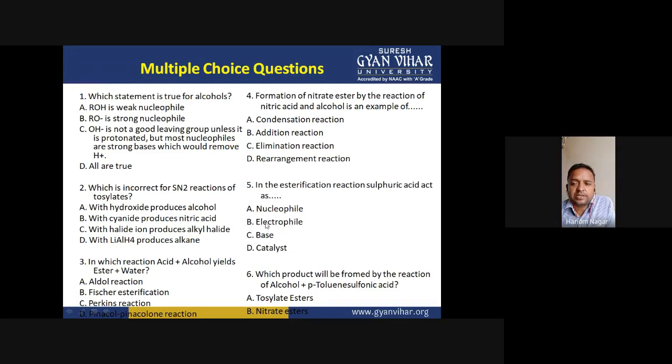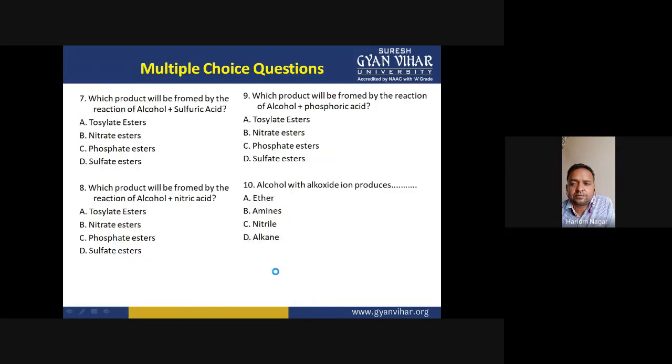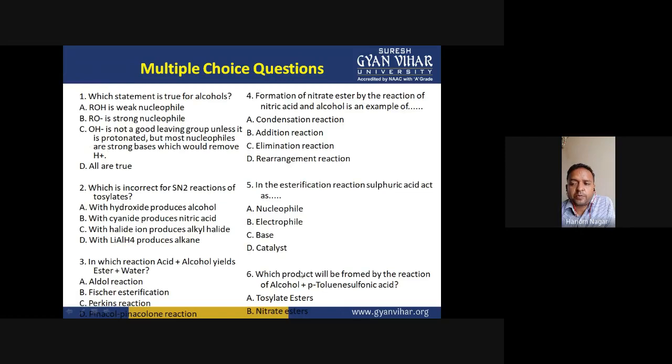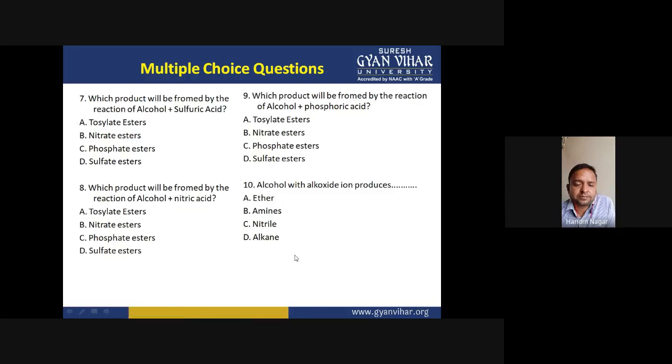The next question is which product will be formed by the reaction of alcohol plus paratoluene sulfonic acid? Tosylate ester is formed by the reaction of alcohol with sulfonic acid. And question number seven, which product will be formed by the reaction of alcohol plus sulfuric acid?